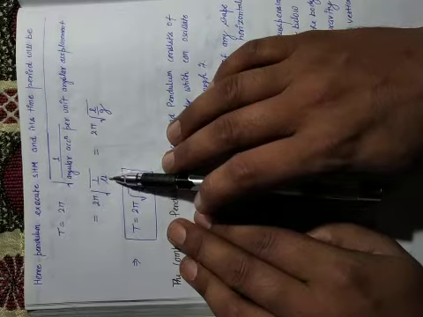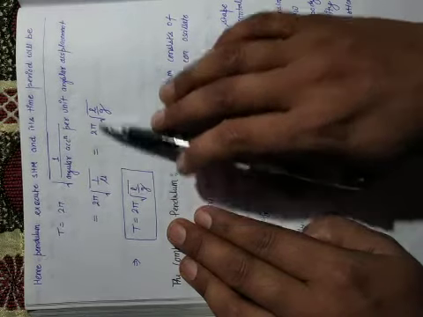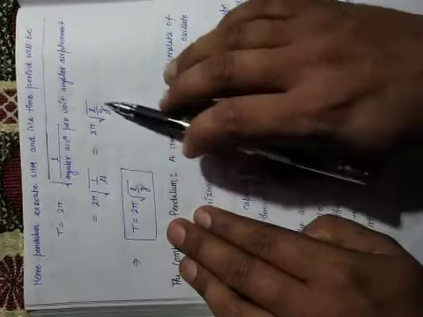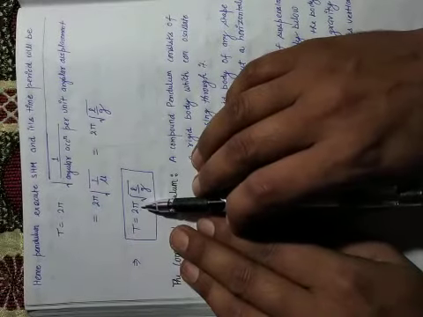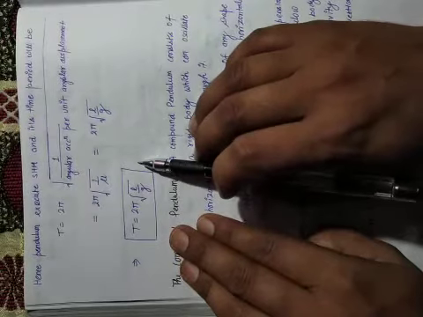So the time period is equal to 2 pi root L by g.